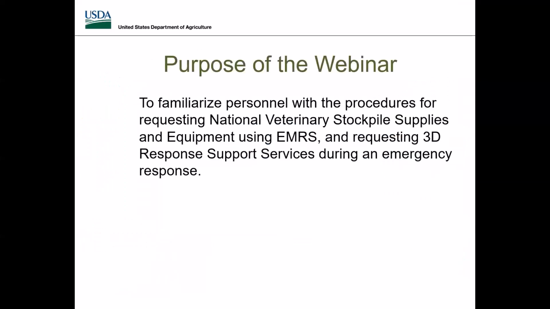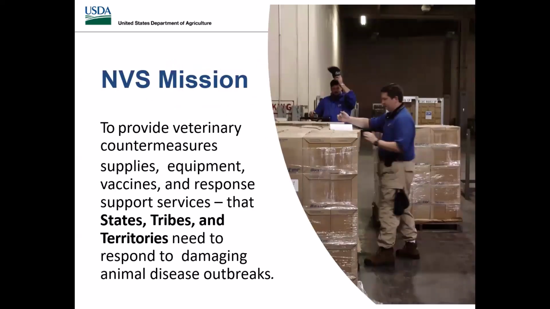So the purpose of this webinar is for you to become familiar with the NVS resource ordering process for supplies, equipment, as well as 3D, and that's the depopulation, disposal, and decontamination contracted services. I'll also touch upon some special items that we carry for which the ordering process is a little different.